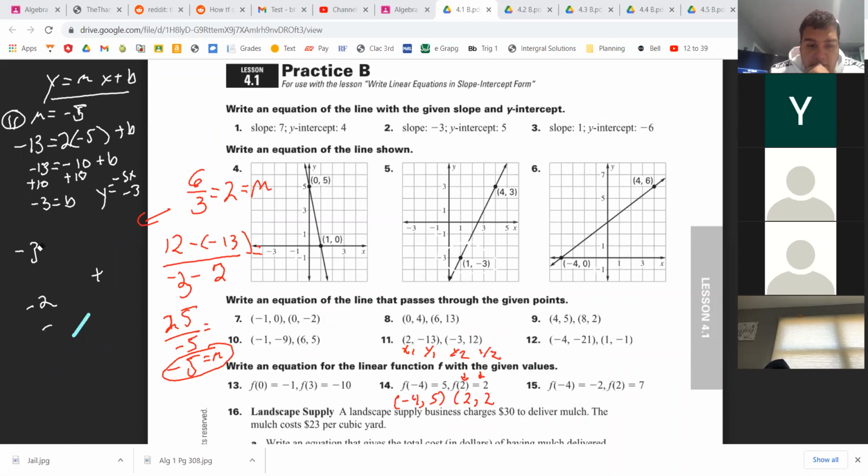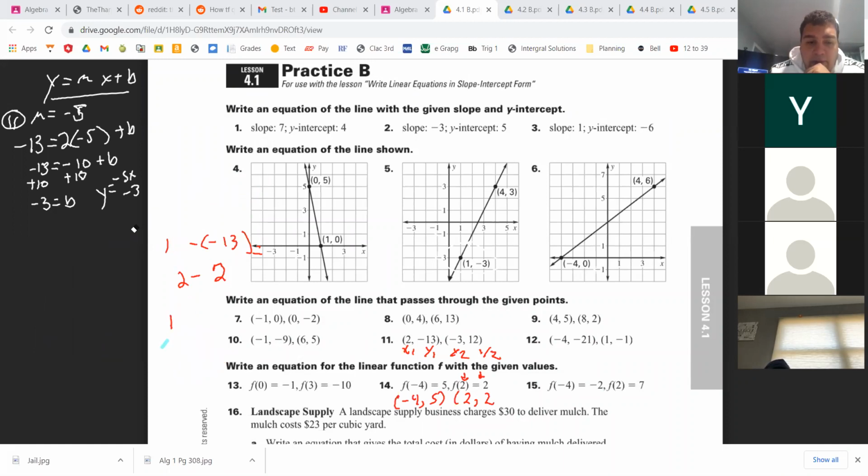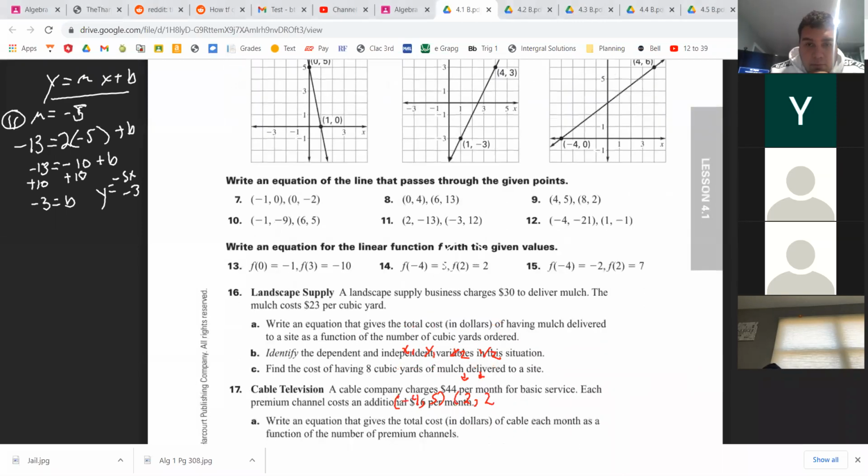So number 16, there's two parts to it, and we need to identify what our y and our mx, or our m, our slope and our y-intercept. In order to do that, we're going to have to figure out which one is a rate, something that changes per something.